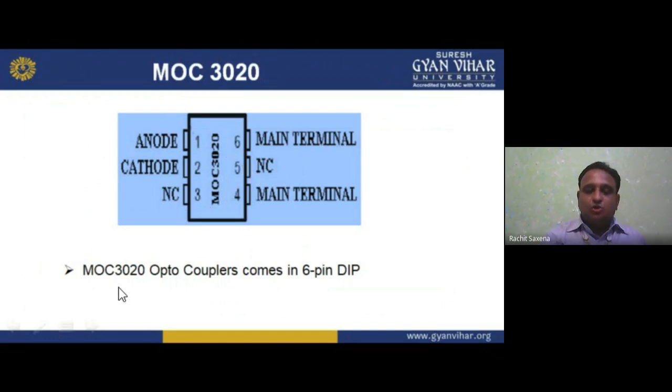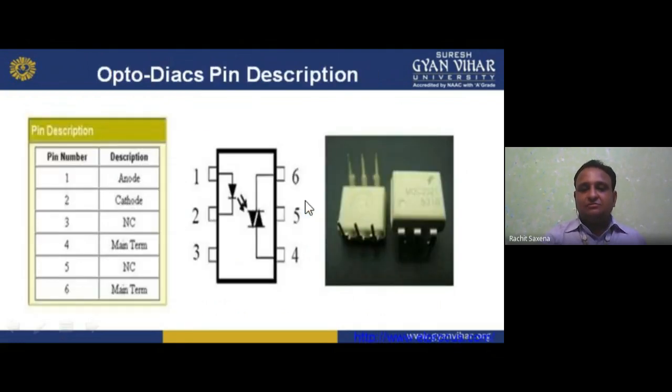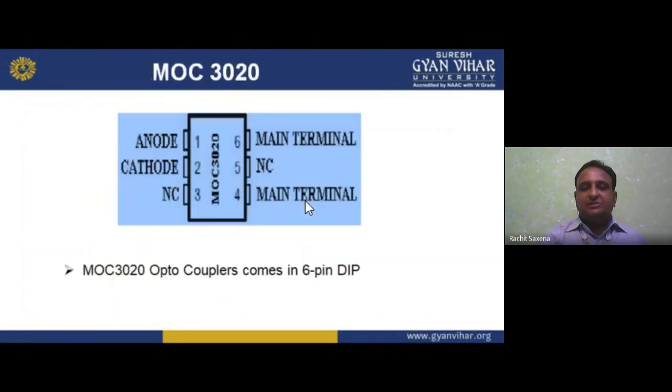The MOC 3020 optocoupler comes in a 6-pin package, similar to the previous optotriac. See here, it is shown.